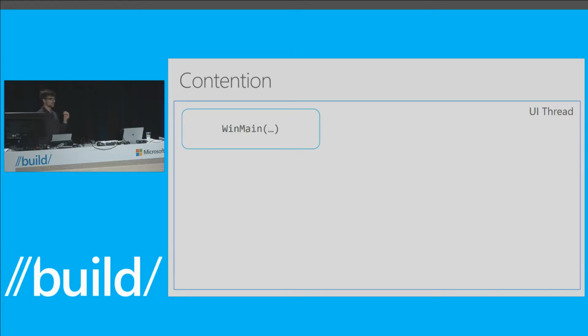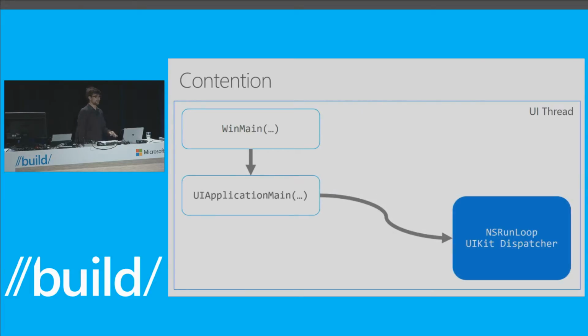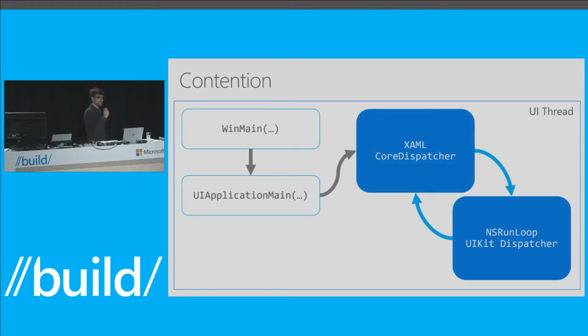XAML and UIKit are both pretty opinionated, right? So XAML wants to be in control of the main thread. It's got its own event loop. And UIKit wants to be in control of the main thread as well. So how do we deal with that? Well, fortunately, they're both event-based. They both run on event queues. So what we've done is we've put XAML in control.